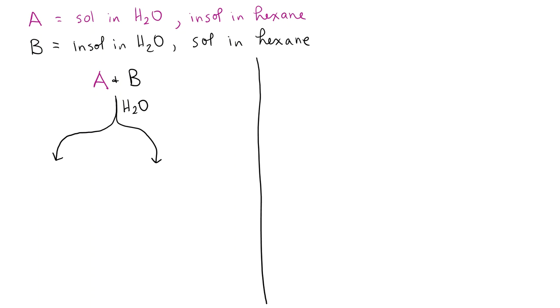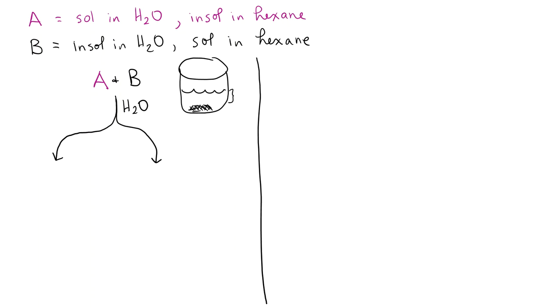And then B, since it's insoluble in water, stays a solid. Okay, so now in your flask or beaker or Erlenmeyer or whatever, you have some liquid in there. It's not water anymore, it's really a solution of something. And you have some solid in the bottom.